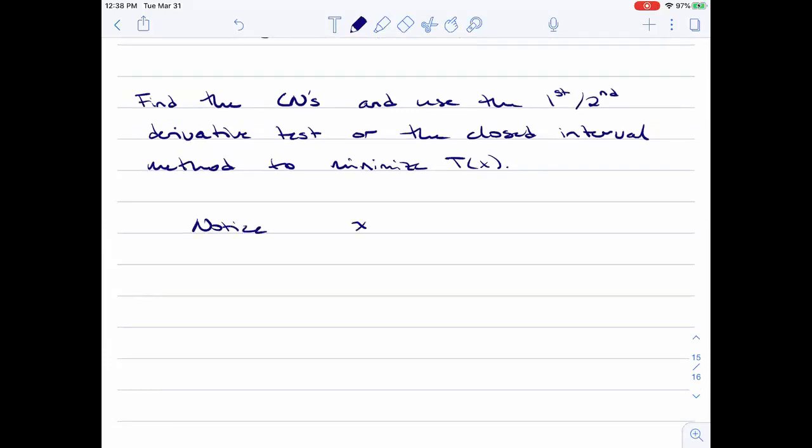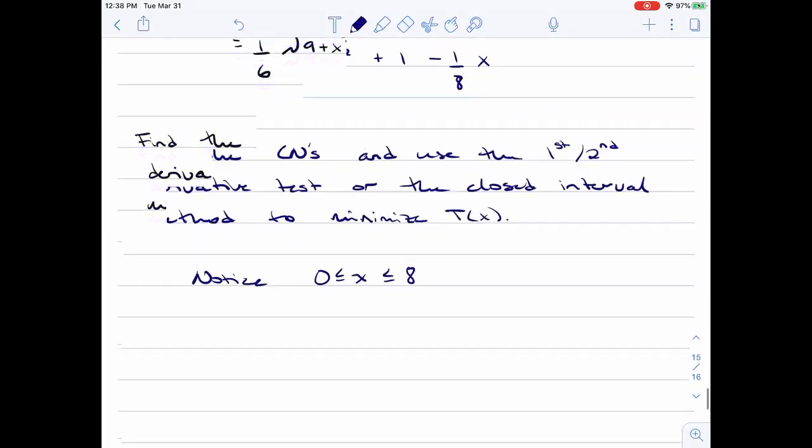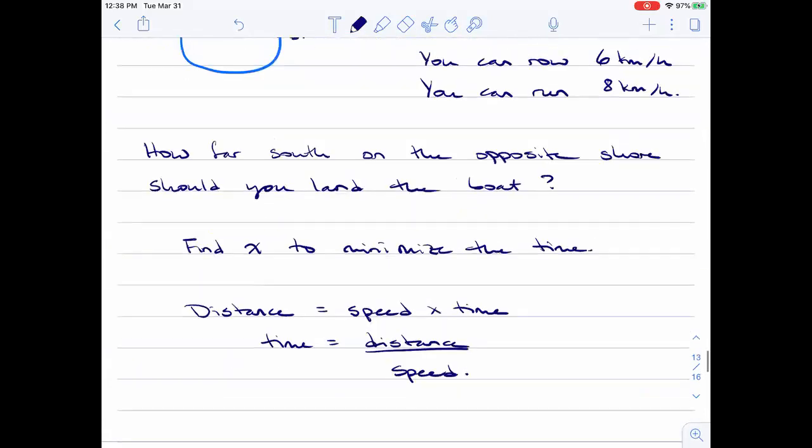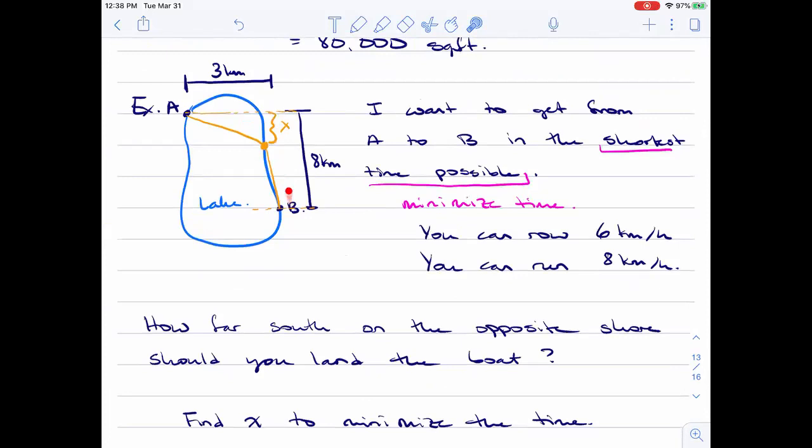Notice that x has to be between 0 and 8, right? If we go back to our diagram, the whole distance that this could be is 8. And so the longest that x can be is 8, and the shortest that x can be is 0.